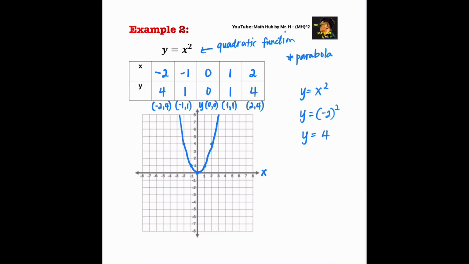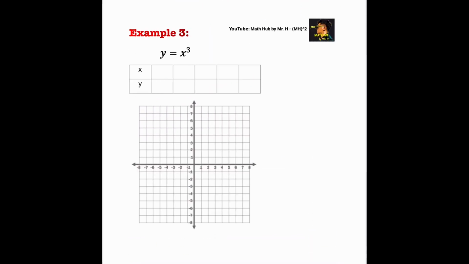All right, so let's head on to example number 3. You can see the degree of x is 3. This is a cubic function. Same with linear and quadratic, cubic doesn't have any restriction on the domain, or I should say any values of x that you put in here will be okay, as long as they are real numbers.